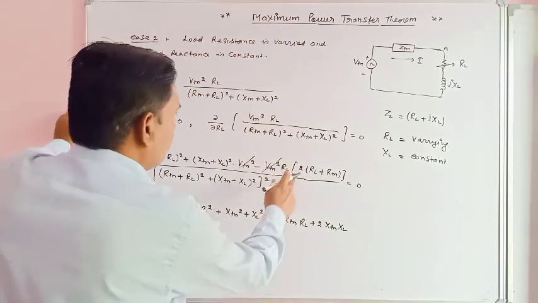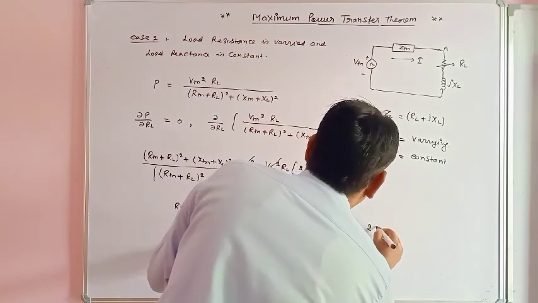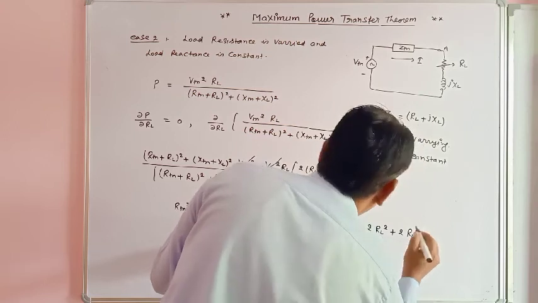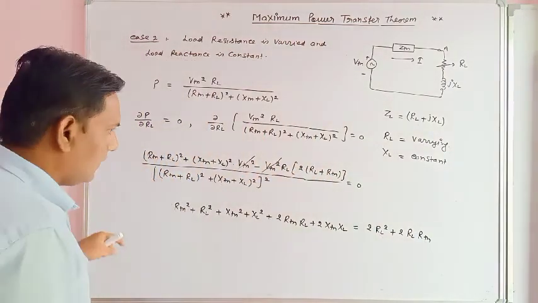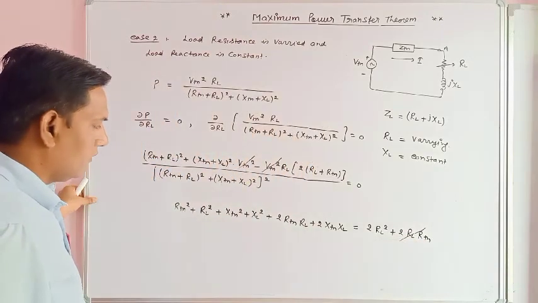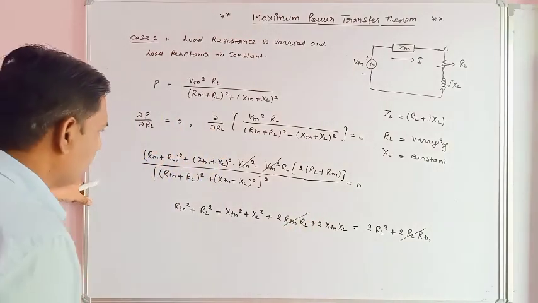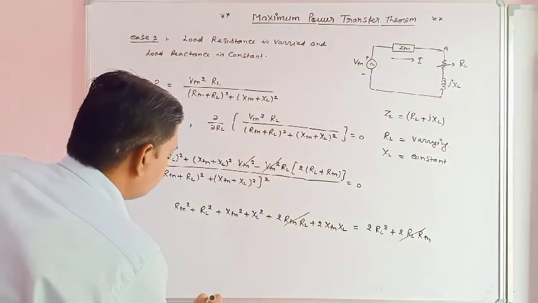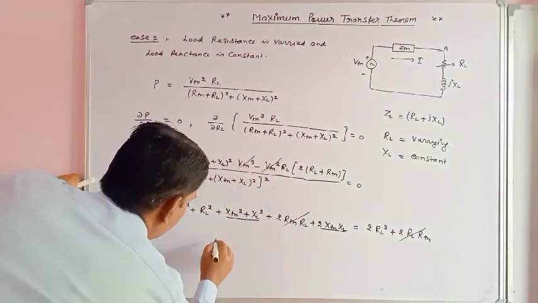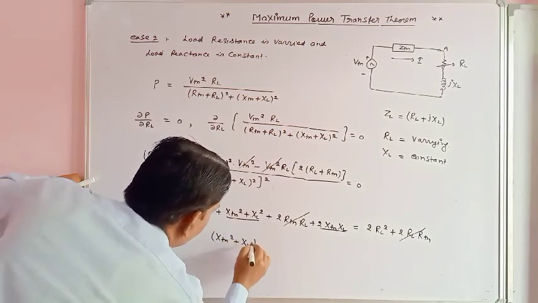Sorry, we can cancel out this term here. It will be equal to 2 RL square plus 2 RL RTH. See here, this 2 RL RTH and this 2 RL RTH will be cancelled out. So this will be XTH square plus XL square plus 2 XTH XL. We can write it the same as XTH plus XL whole square; there is no need to expand it.